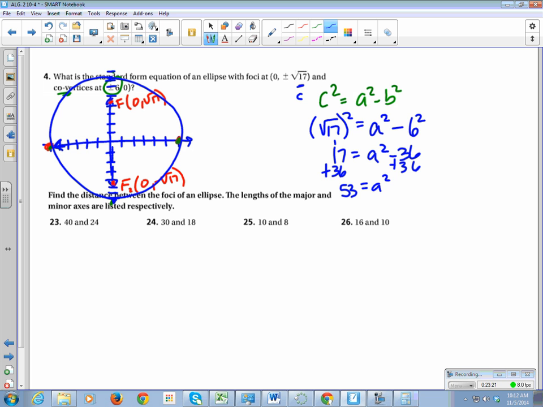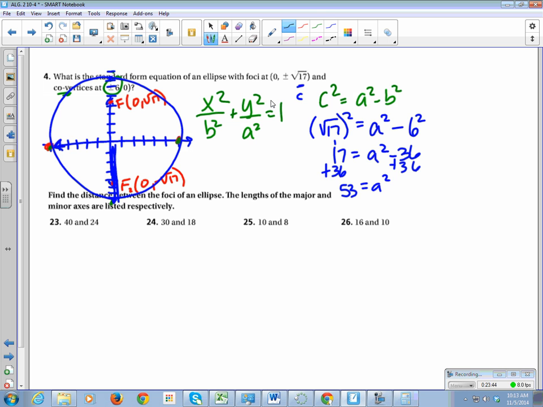Y is my major axis because my focus is on it. So my a is going to go with my y, and my b is going to go with the x. And that's how the picture helps me determine who's got the a and who's got the b.